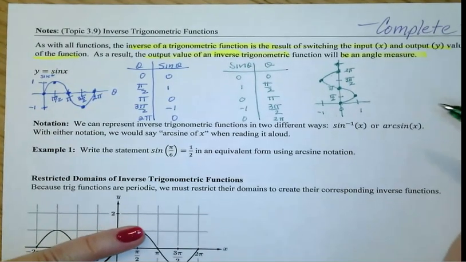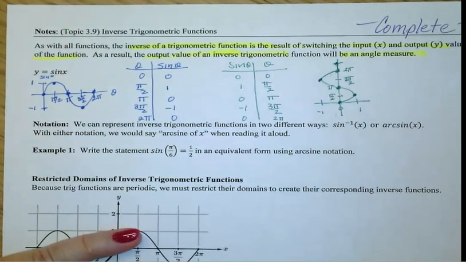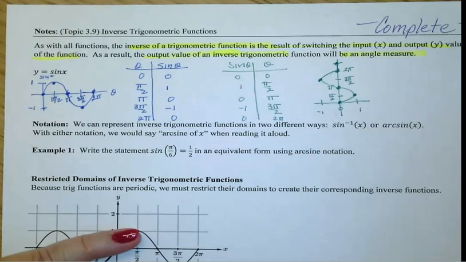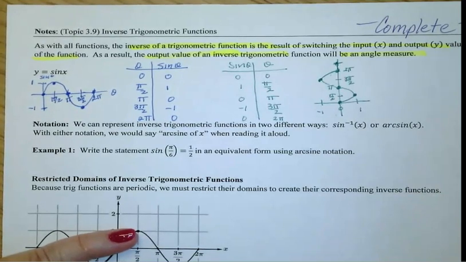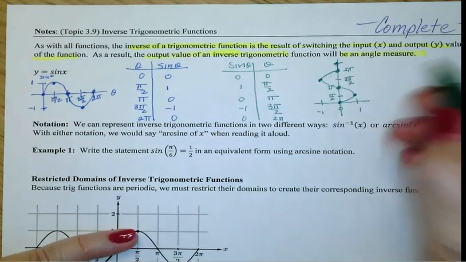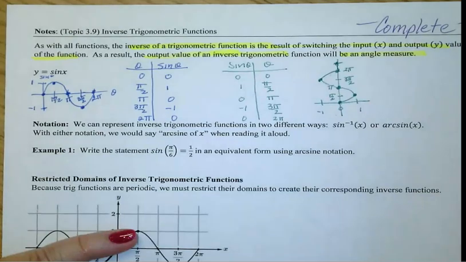In Algebra 2, you talked about that being failing the vertical line test, but basically our definition, remember, for a function is that every input has only one output. Right now we can see that this input has multiple outputs. So that becomes problematic.